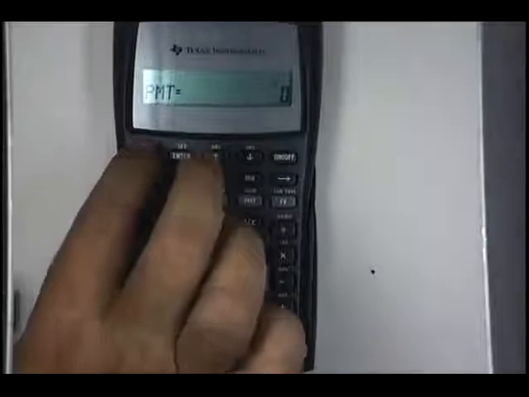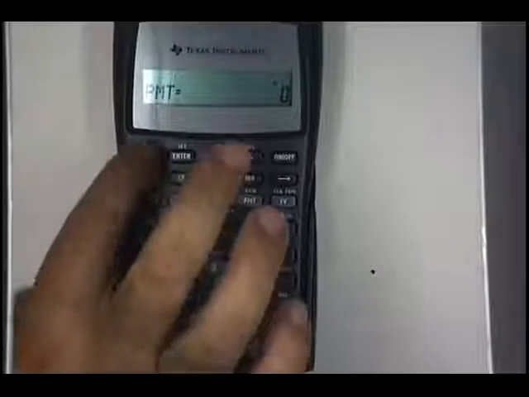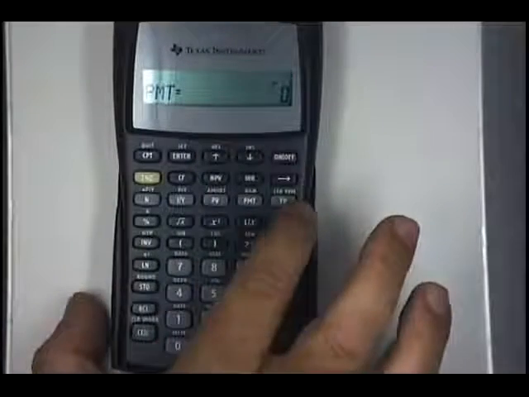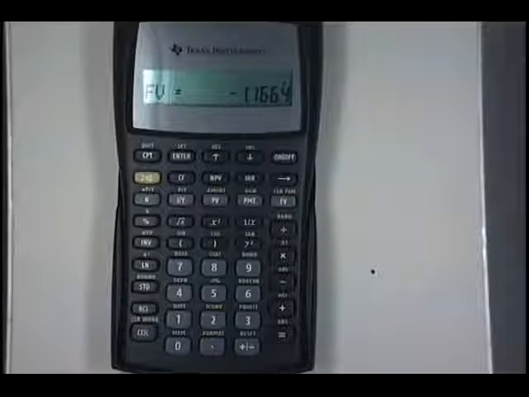And if I compute, would you expect that to be the $1,160, or will the compounding add a little bit more money to that? Compute future value. My future value is $1,166.40.